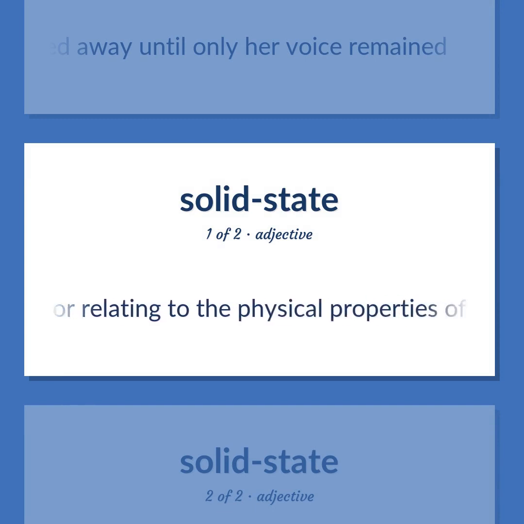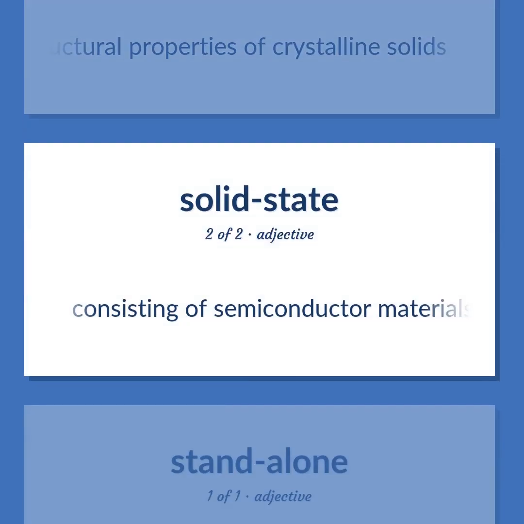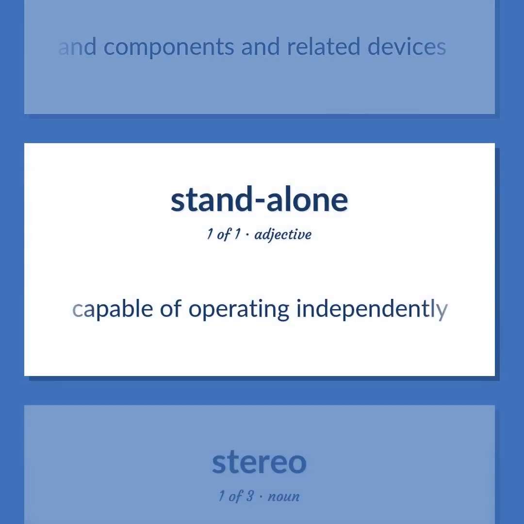Characteristic of or relating to the physical properties of solid materials, especially electromagnetic or thermodynamic or structural properties of crystalline solids. Consisting of semiconductor materials and components and related devices. Capable of operating independently.